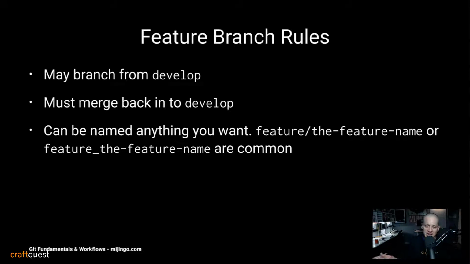Feature slash and then the name of the feature is a good one, or feature underscore. Feature slash, I think, is the most common way of using it. And any GUI software that you use will typically see that feature slash and then organize the feature branches and the bug fix branches into their own folders just visually. As far as Git's concerned, they're all branches. It's just a naming convention.